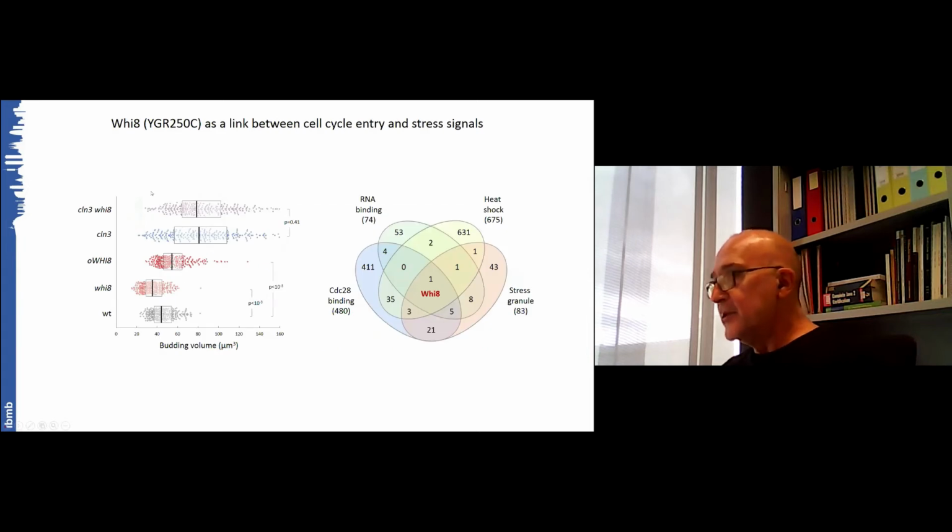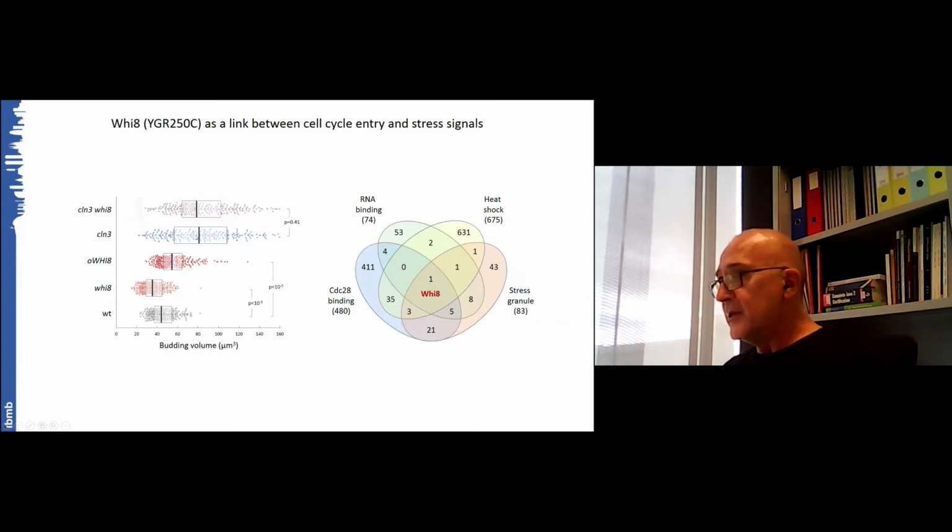The first thing that we did was to confirm that it was a negative regulator, so cells that were lacking V8 were smaller, as expected. If we overexpress V8, we observed an opposite behavior, so cells would become larger. And it was important for us to tell whether these effects require CLIN3.